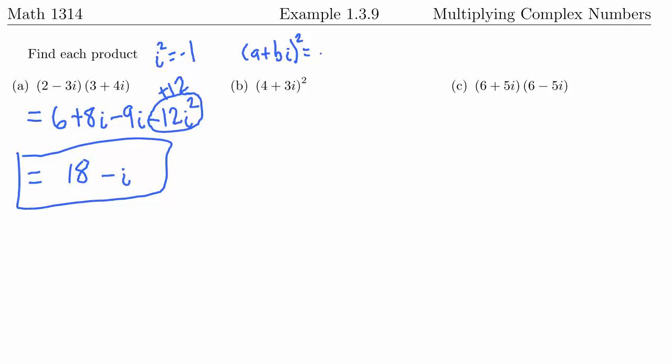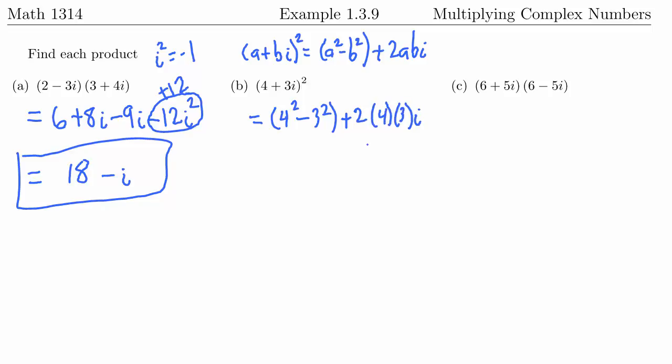Because I have an i there, what I get is a squared minus b squared plus 2abi. So really this could become 4 squared minus 3 squared plus 2 times 4 times 3 times i.